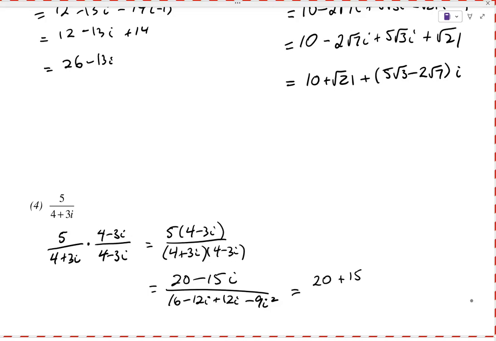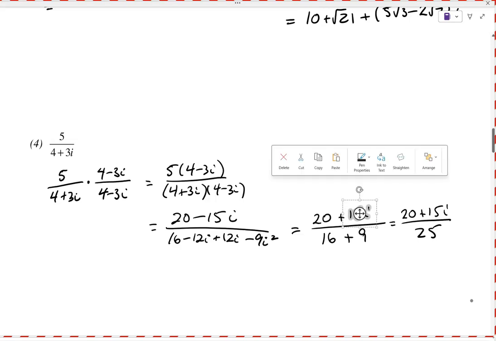So this becomes 20 plus 15i over 16 plus 9. You should have no i's left over in the denominator. And it always should be a plus sign in the middle. So you get 16 plus 9, which gives me 25.